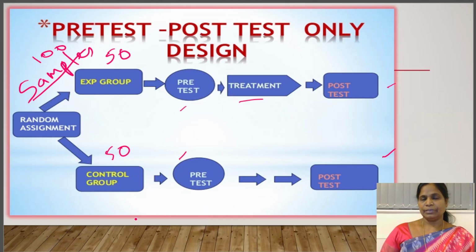Suppose, for example, you want to find the effectiveness of nebulization among patients suffering with pneumonia or asthma or a respiratory problem. You have taken two groups, 50 samples here and 50 samples here. You conduct the pre-test here.